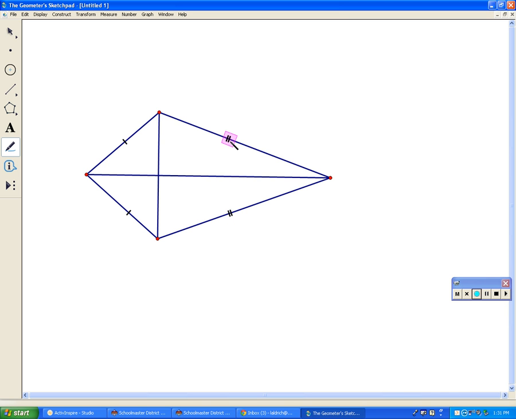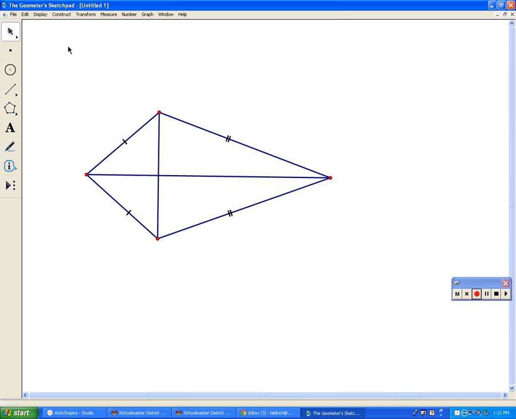I want you to look at the kite that I have there and make a guess about the diagonals, the angles, the sides, something fun that you think might be true.